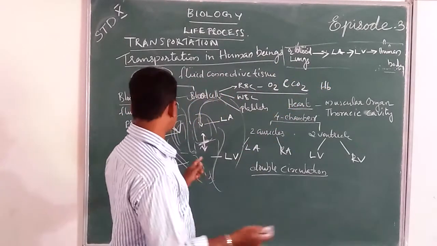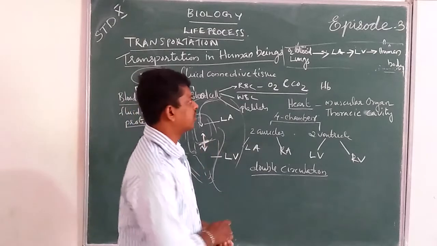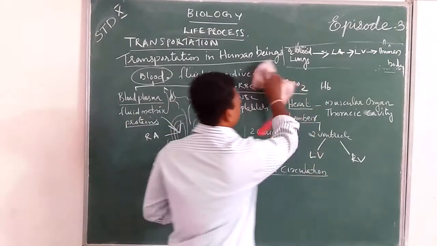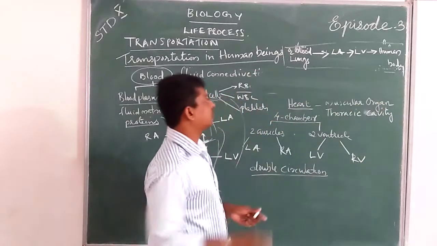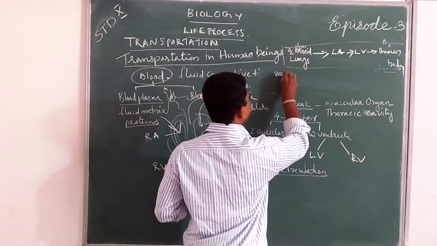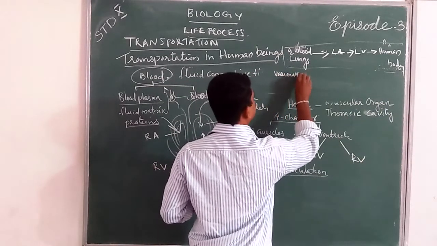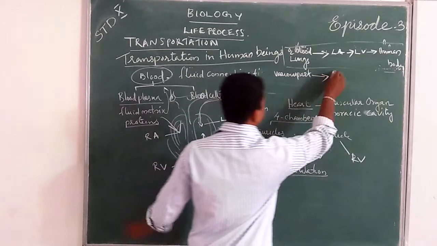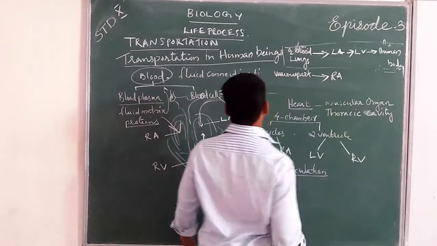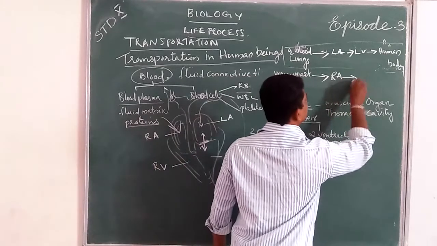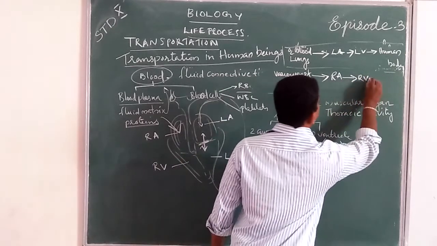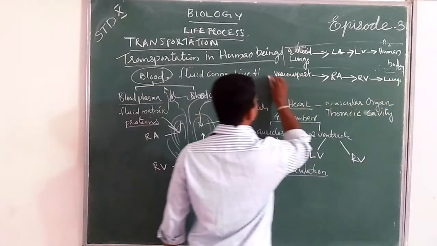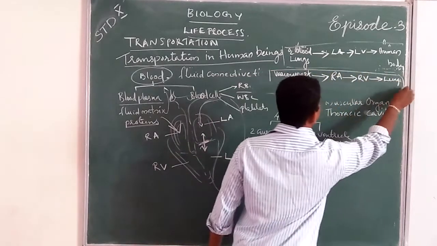This is the next circulation: from various parts of the body towards the right atrium, and from the right ventricle to the lungs. This is the second circulation.